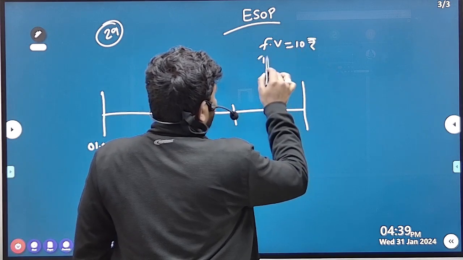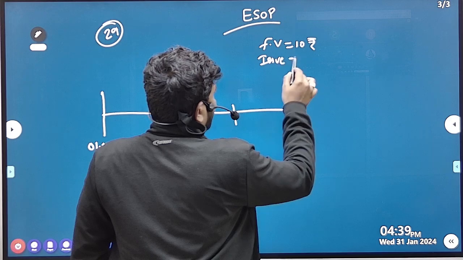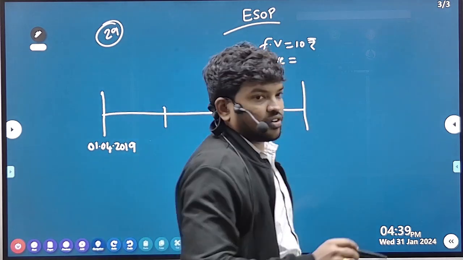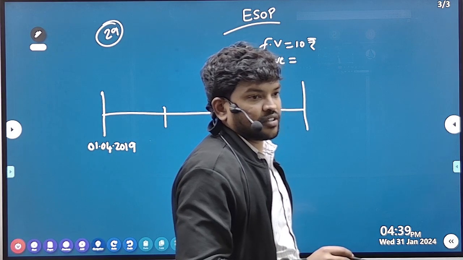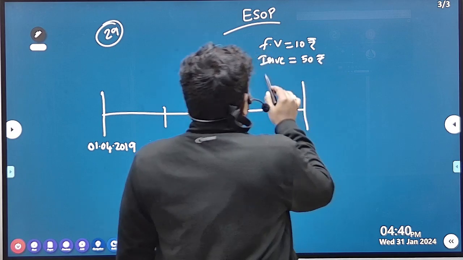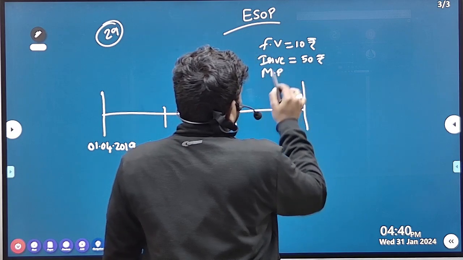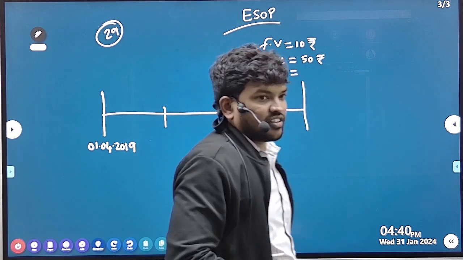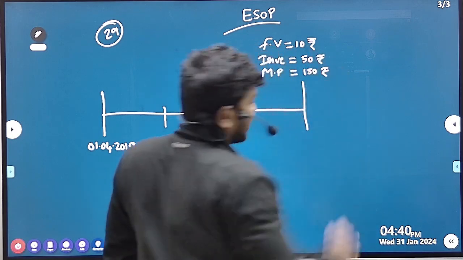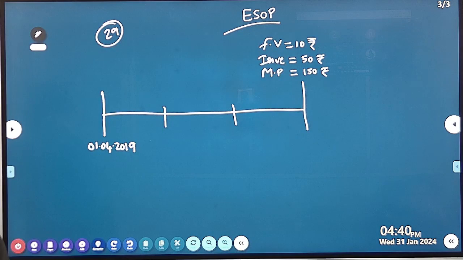Issue price how much? 50. Very good, Prantik. What is the market price? 150. Understanding the difference? Issue price. Okay. Next.